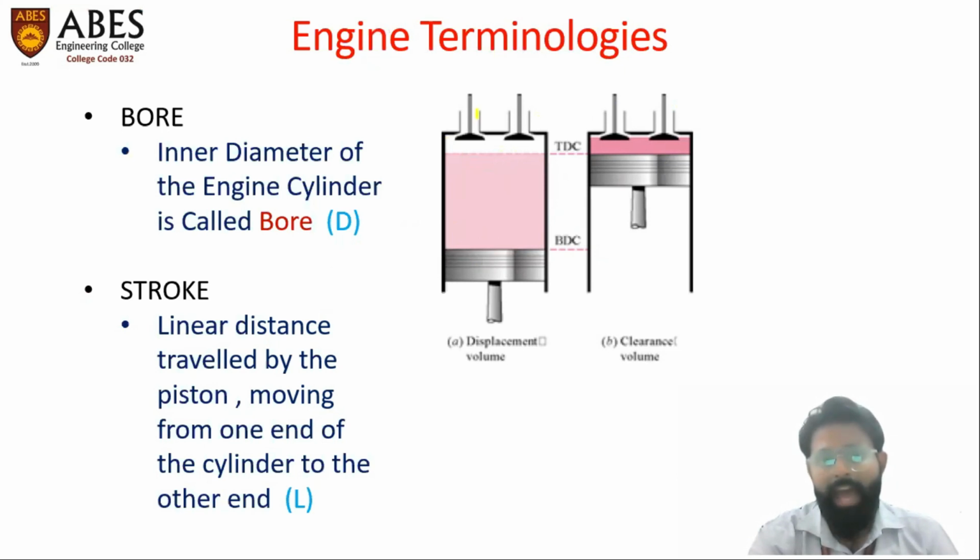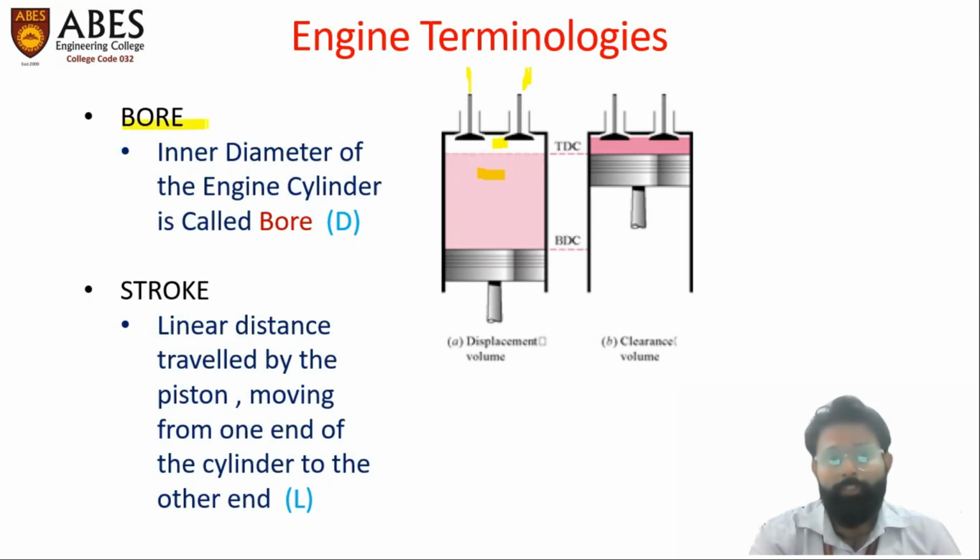This is the piston, and there are the inlet valve and the outlet valve. The pink space highlighted is the volume within the cylinder. The white space and the pink space are the 2 different volumes, and the combined volume is the total volume of the cylinder.